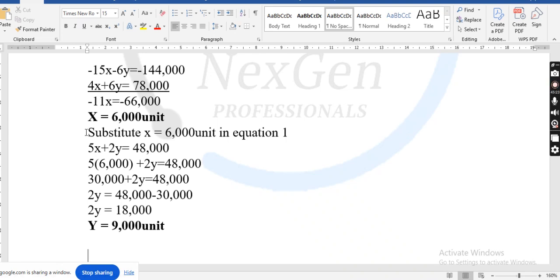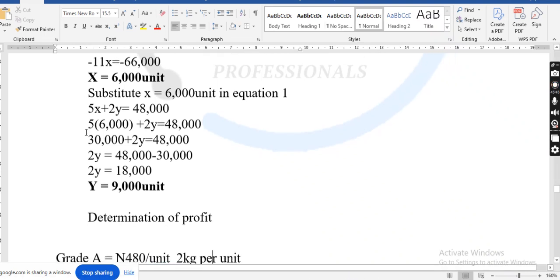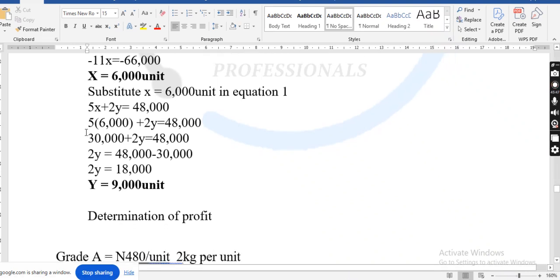The question says, and associated profit. So how do we determine the profit? Determination of profits, right?